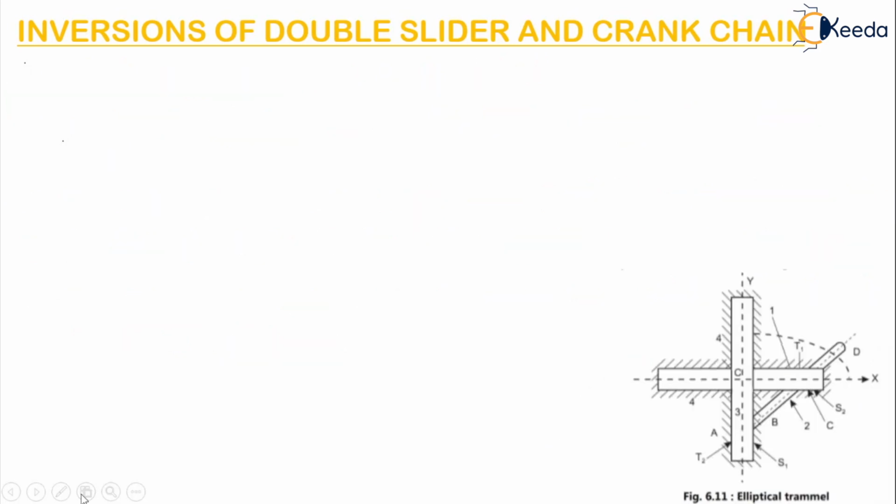The next type of inversion of a double slider and crank chain is the elliptical trammel. This inversion is obtained by fixing the link 4.